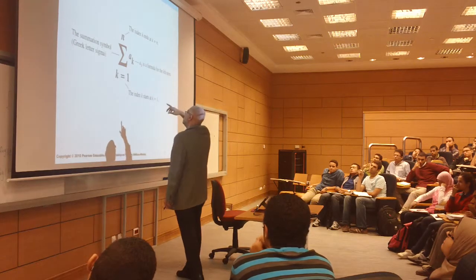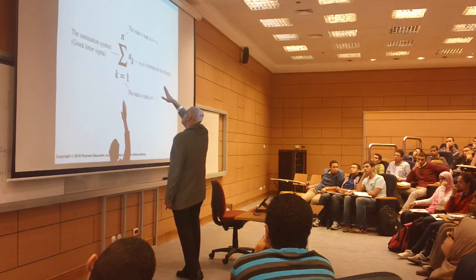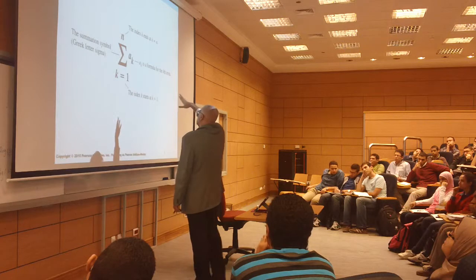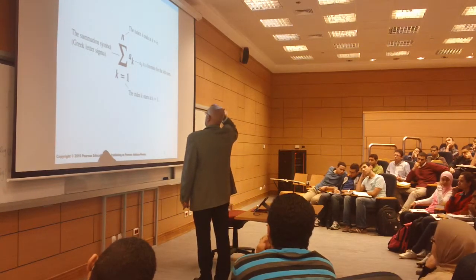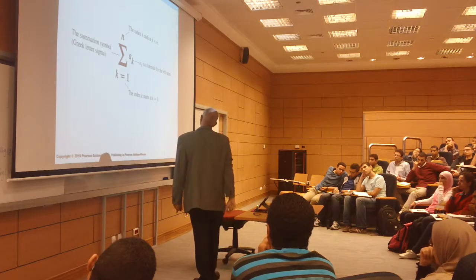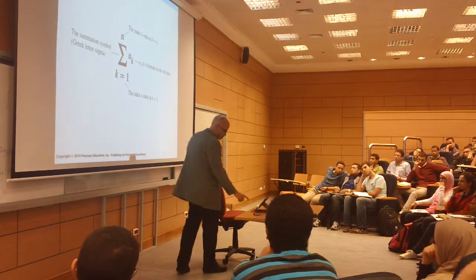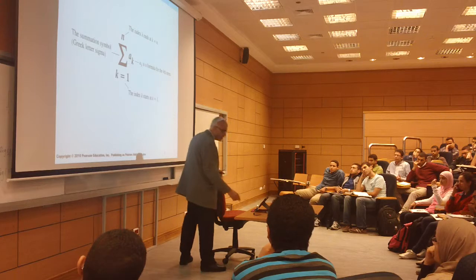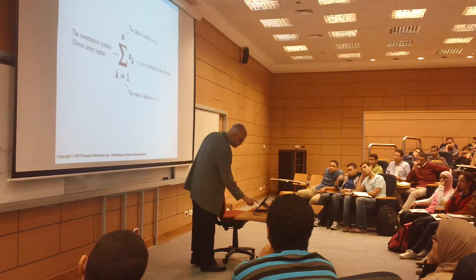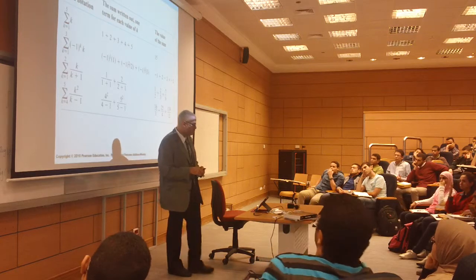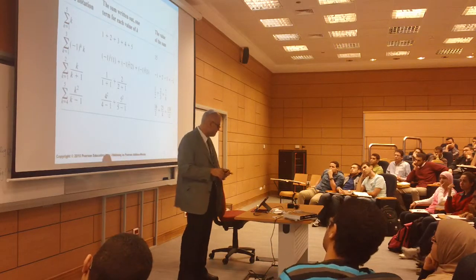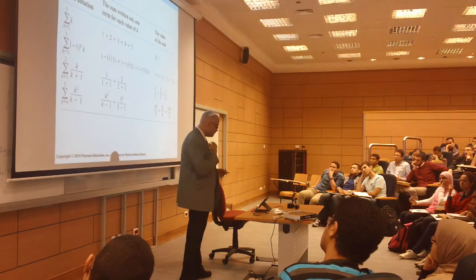Sigma from k equals 1 to n of a sub k. And a sub k is the formula for the kth term. What we can do is simply add. If you have 1 plus 2 plus 3 plus 4 plus 5, the value of that sum is equal to 15.